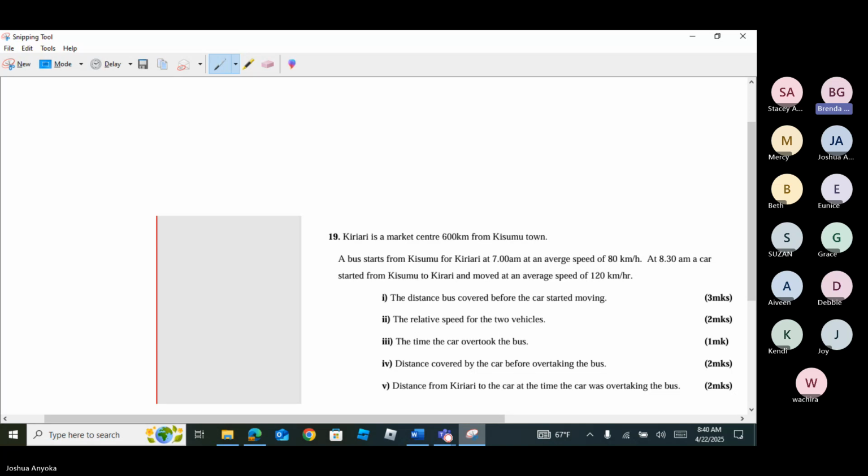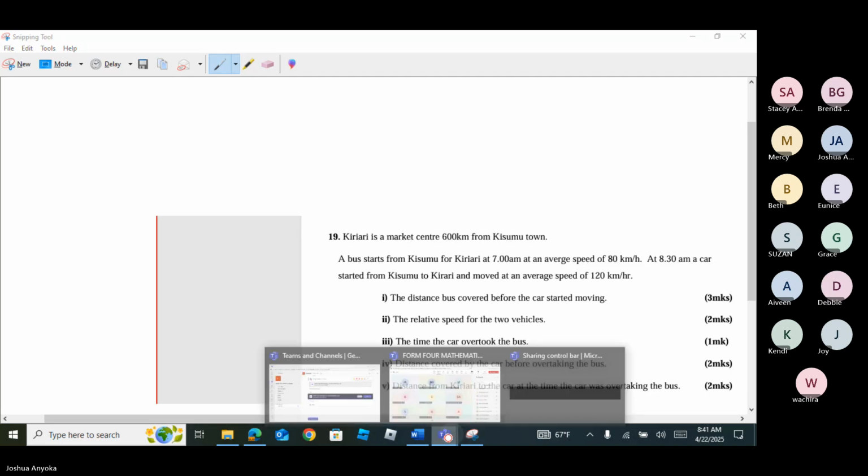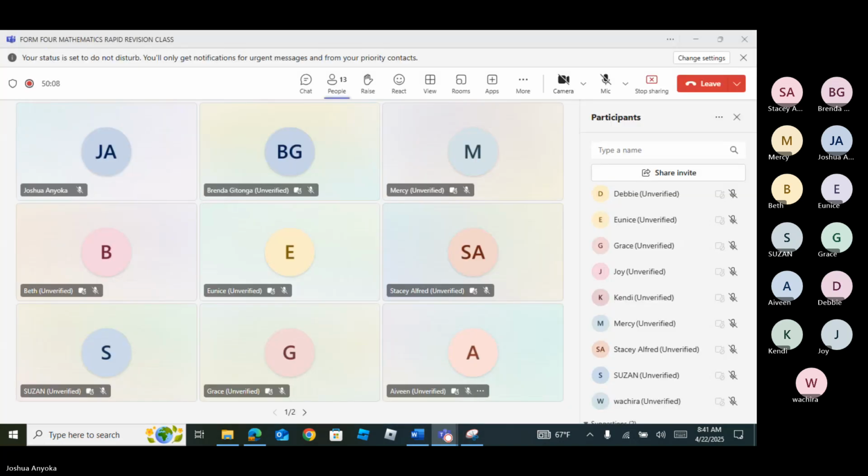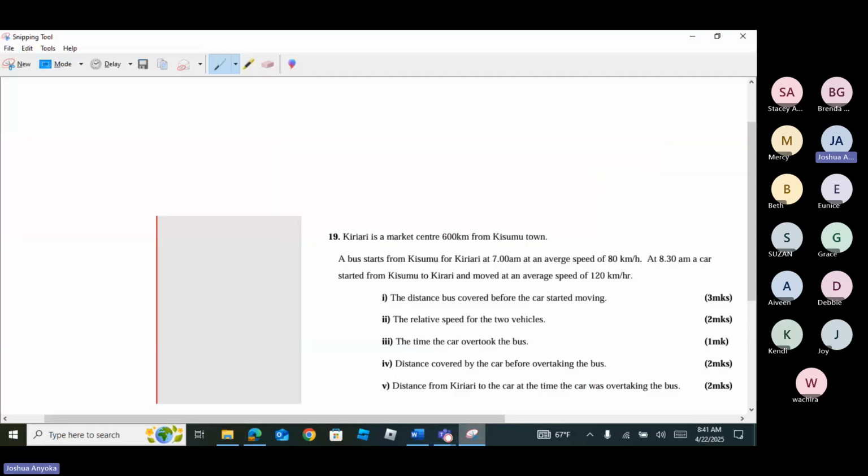Teacher, the vehicles are moving in the same direction. Kiriari is a market center 600 kilometers from Kisumu town.